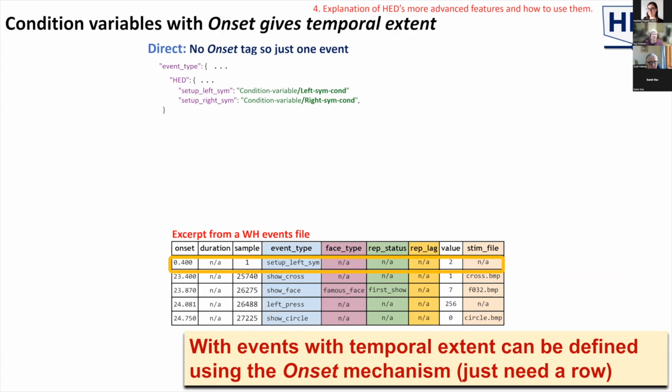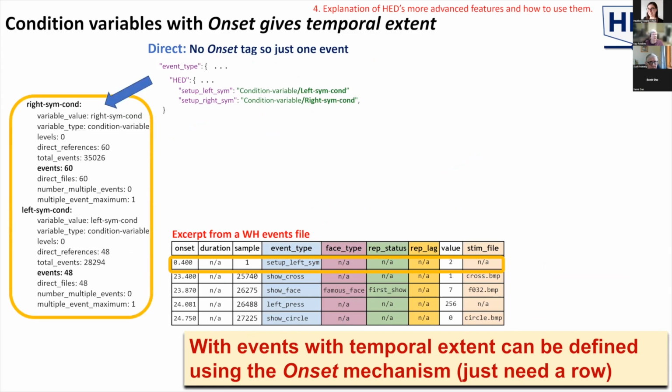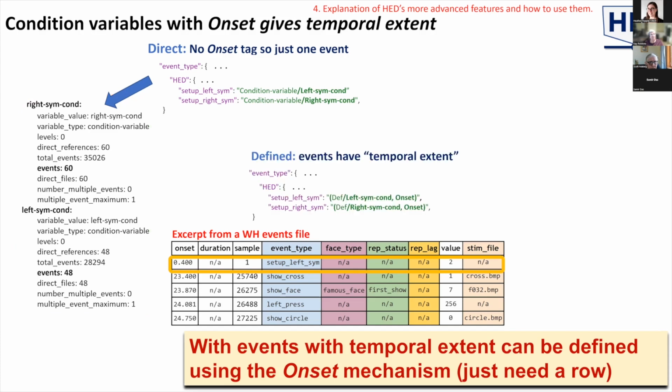So the idea with direct is you again just use that, and if you look at the summary, the problem is you'll see that that event appears 60 times in the data set, but there are 60 files, so it only appears once, and there's nothing there that tells the analysis tools that that left symmetry setup should apply to the entire data set. With defined events, you do your def and you just say it's an onset. And that then tells the tools that that event continues on until it hits an offset or the end of the file.